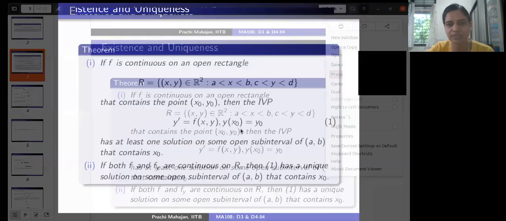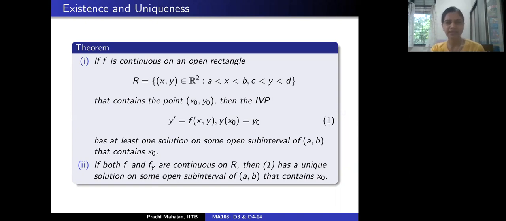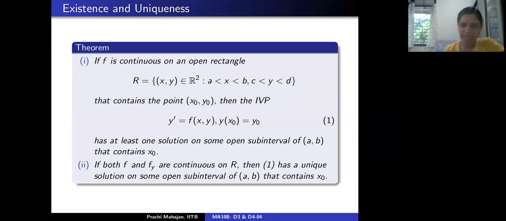The statement of the theorem gives you absolutely no information about how to determine what the interval where the solution is unique looks like. It just so happened that in this example, it turns out to be -1 to 1. You can cook up something else where it is not so. There is no thumb rule here that it has to be like this.